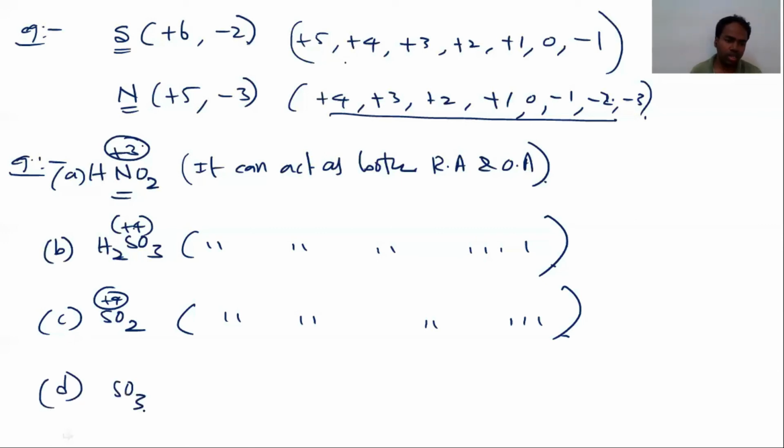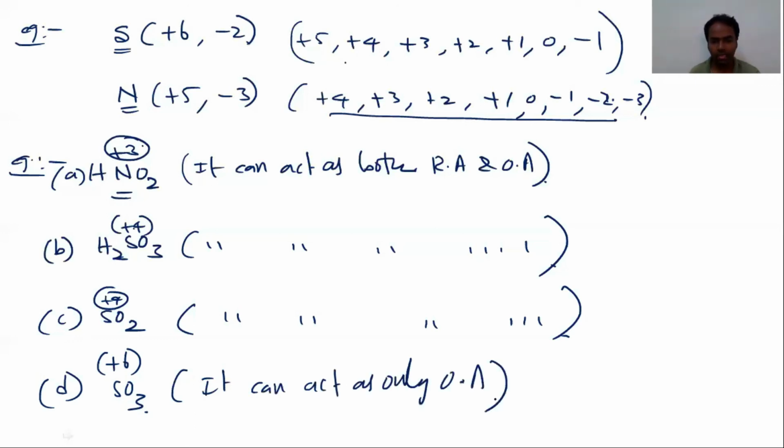But SO3, what is it? +6. So +6 for sulfur is the maximum oxidation state. It can act as only an oxidizing agent. Like this you can predict the nature of the compound by using oxidation number.